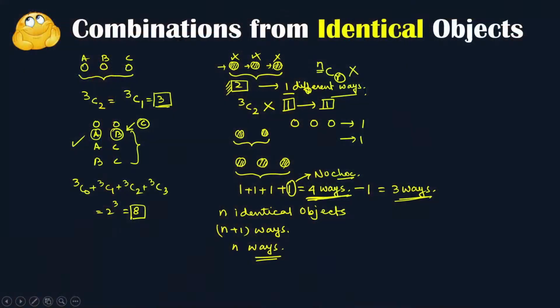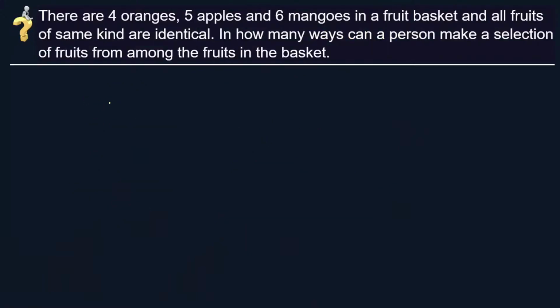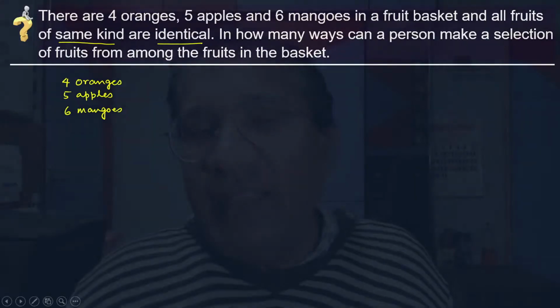Okay, let us take some problems based on this. In this question, they have said there are 4 oranges, 5 apples, and 6 mangoes in a fruit basket, and all fruits of the same kind are identical.